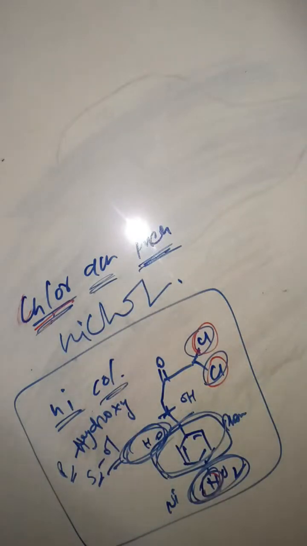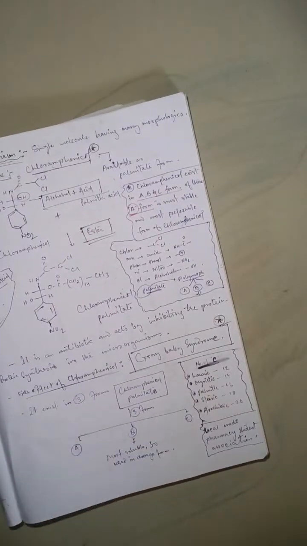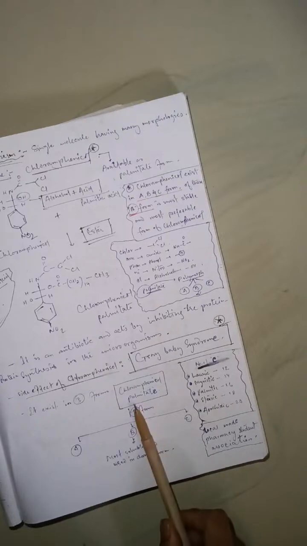Okay. Now in this chloramphenicol, three structures will be present, A, B, C. Out of that, B is the most stable and most preferable. Already I have mentioned. Next we will learn the different forms.